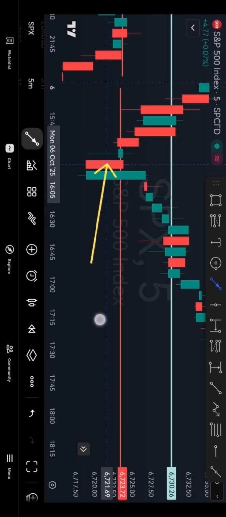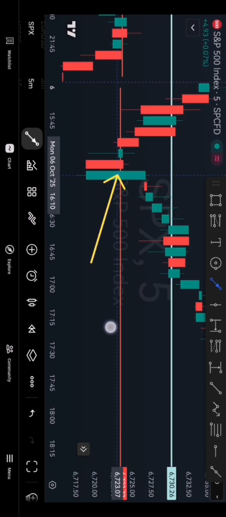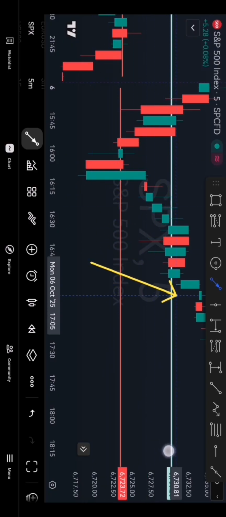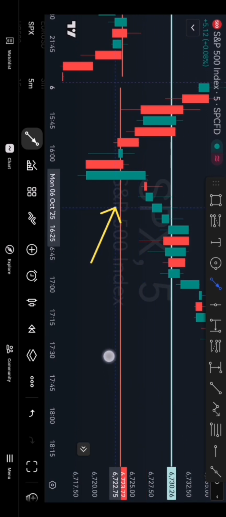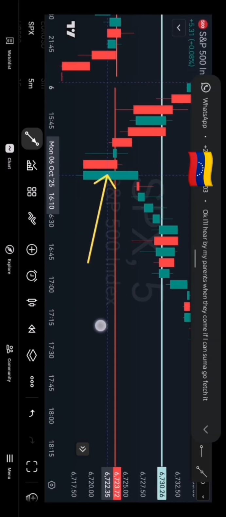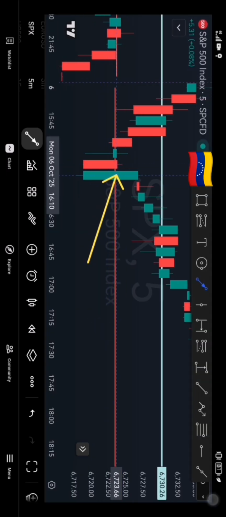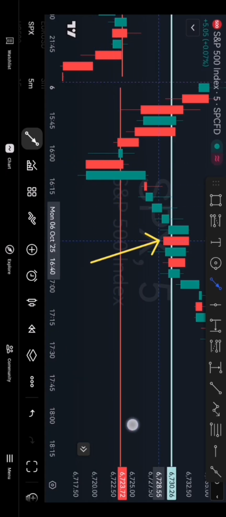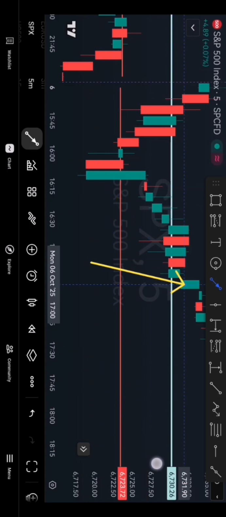My confluences are trends. At the time we were, and we still are, in an upward moving, bullish market. So why would you take a sell, even though it's a short-term sell, and risk losing it? Like look there, it turned around beautifully.